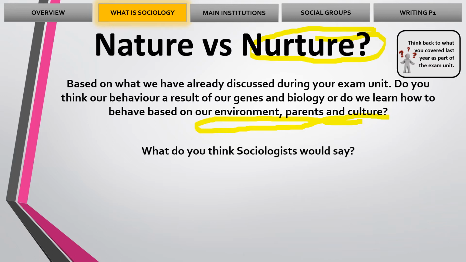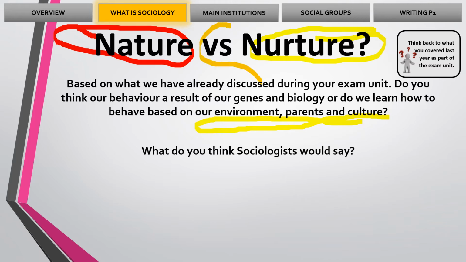Topics like biology and psychology are very much in favour of nature. So we are genetically designed in a particular way. Health and social care does fit somewhere in the middle. It's a bit of nature, a bit of nurture. It looks at a bit of both. So health and social care is the middle ground topic, but for sociology, it is all about nurture.